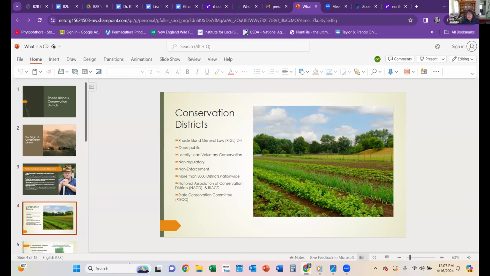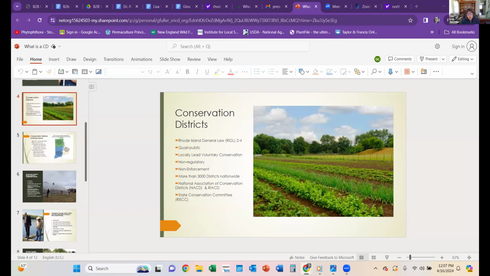As I mentioned, there's over 3,000 districts nationwide, and we participate in our National Association of Conservation Districts as the Rhode Island Association. And we're also a subdivision of the Rhode Island State Conservation Committee. And that committee is really just made up of a member of each of our boards, somebody from the director of the Department of Agriculture, and usually a governor's appointee for a board of 5.